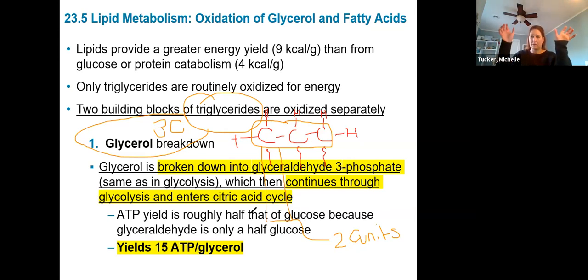The first thing we do with glucose is we phosphorylate it to keep it in the cell. The next thing we do is break it in half into 2 pyruvates, and then we oxidize each one of those. So the yield is about 15 ATP per glycerol, because the full oxidation of glucose is around 32. It's almost half of a glucose. We missed that first breaking apart where we get some ATP released.